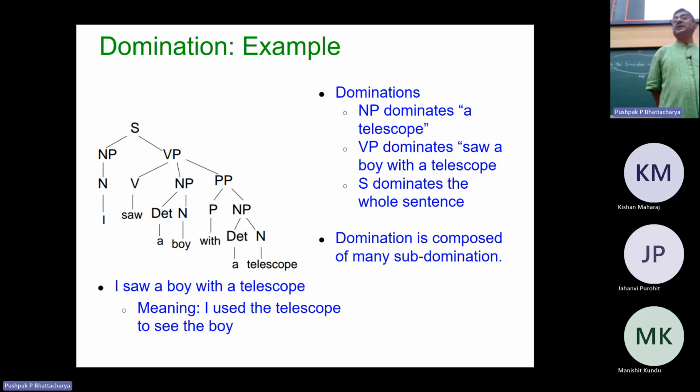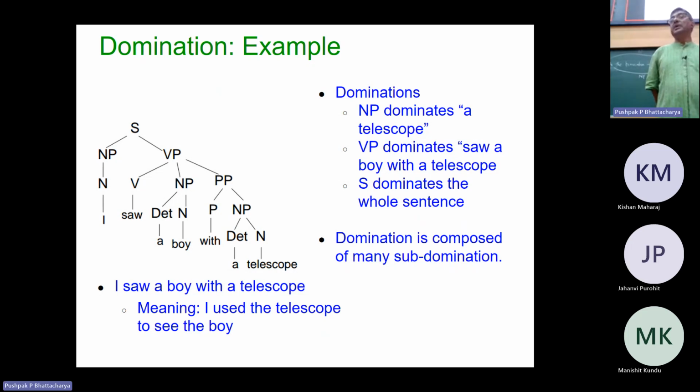Okay, so VP dominates saw a boy with a telescope is okay. PP dominates with a telescope is also okay. But a boy is an NP. A boy with a telescope is also an NP.